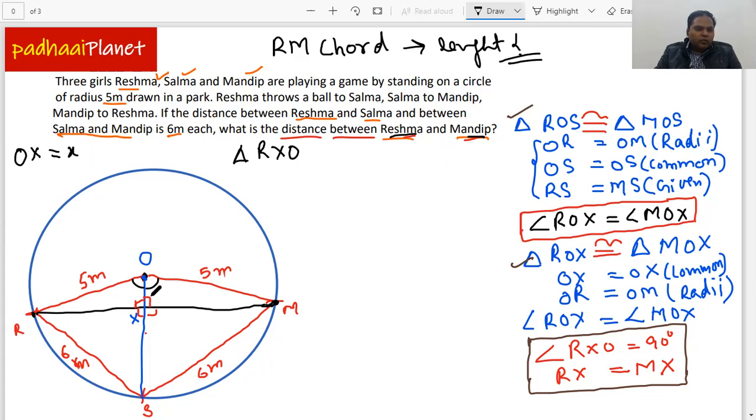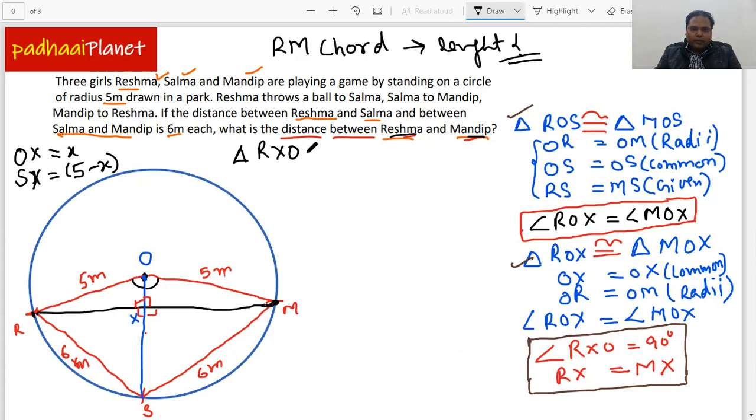And if this is x, then the length SX is equal to 5 minus x, right? Now let's get back to our triangle RXO. Putting the Pythagoras theorem, we can find out the value of RX from here.